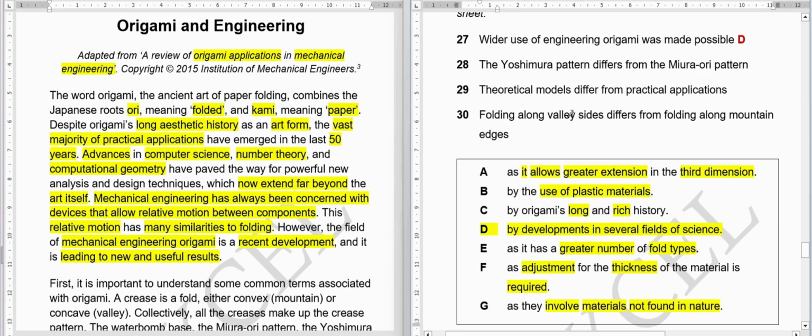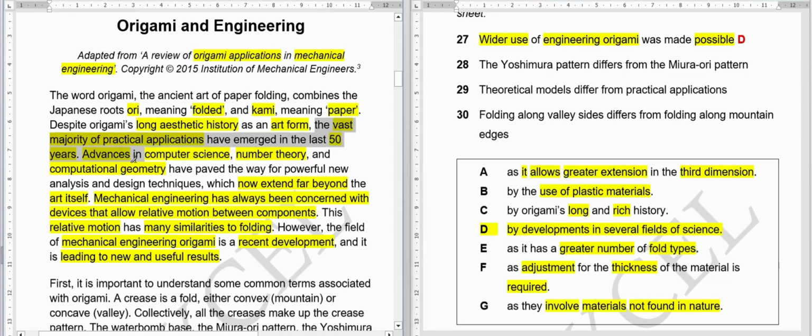The question is saying wider use of engineering origami was made possible. Wider use just means whatever the use was previously, now we have extended that particular field of use. So we are now using engineering origami. It was made possible. Why? Okay, here it is written: it is a long art form, and the vast majority of people emerged in the last 50 years.